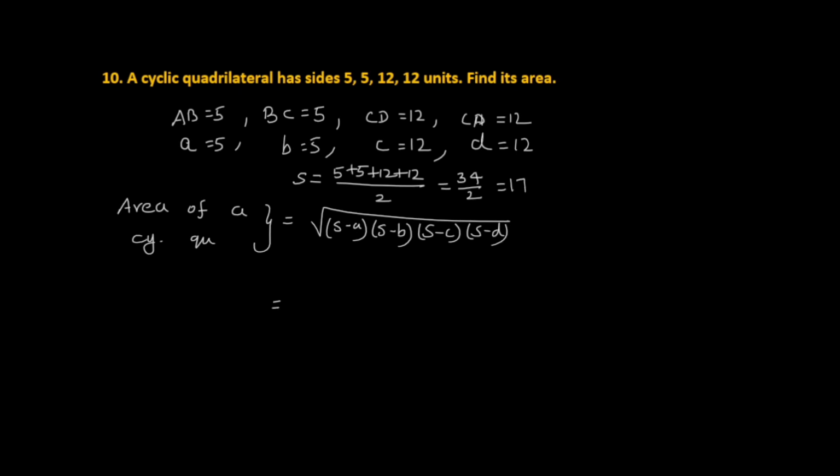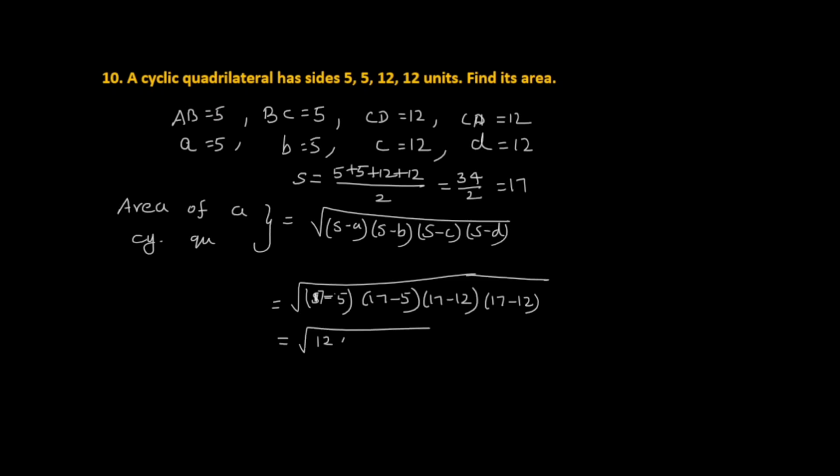Semi-perimeter is 17. So the square root of (17 minus 5, A is 5)(17 minus 5, B is 5)(17 minus 12, C is 12)(17 minus 12, D also 12). Then 17 minus 5 is 12, so 12 into 12 into 5 into 5 square units.